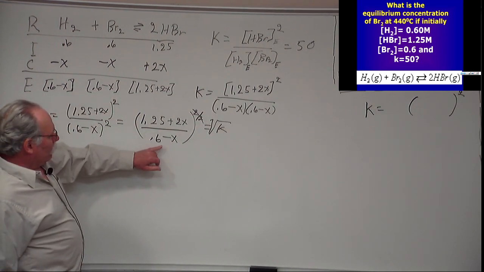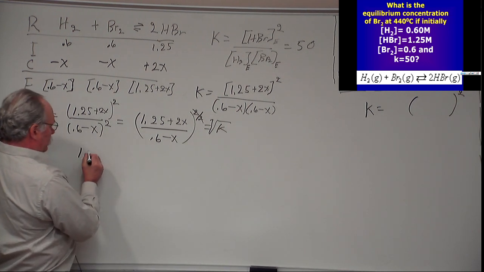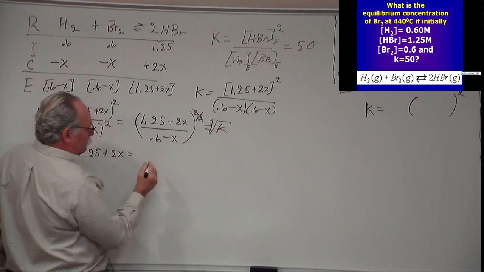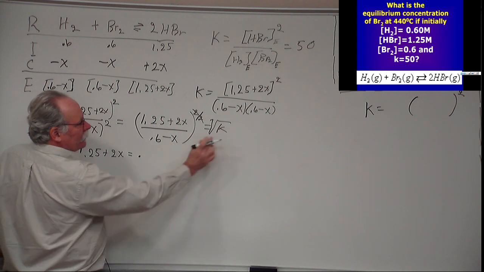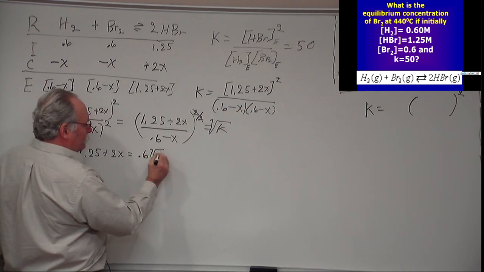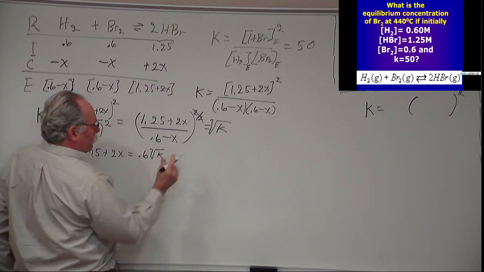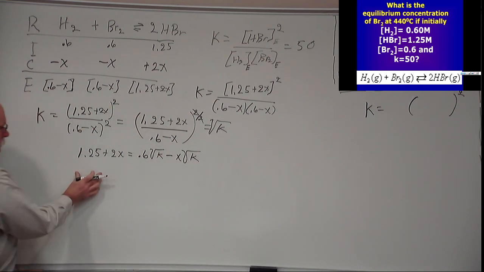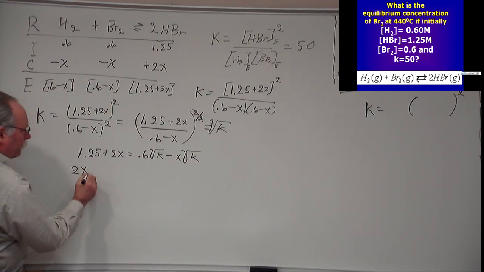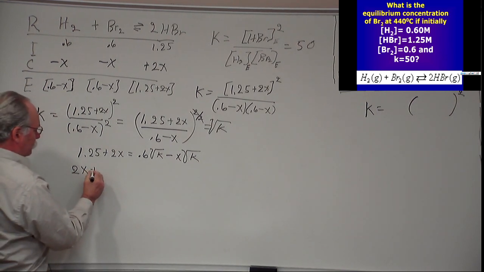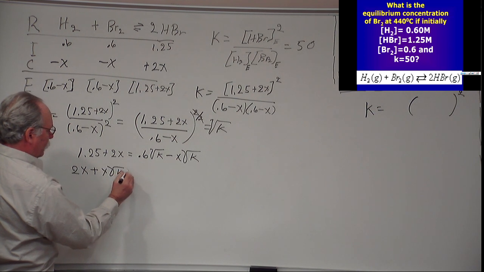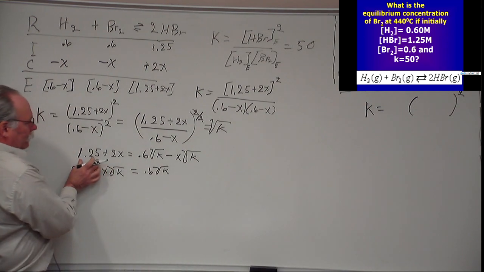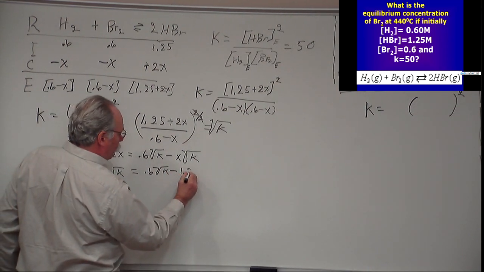I want to solve for x. So I have 1.25 plus 2x is equal to 0.6 minus x times the square root of K, which is 0.6 times the square root of K minus x times the square root of K. Now I want to bring everything with an x to one side, so I have 2x, and I bring this over to here, plus x times the square root of K is equal to 0.6 times the square root of K. And now I'm going to bring over the 1.25, so it's minus 1.25.